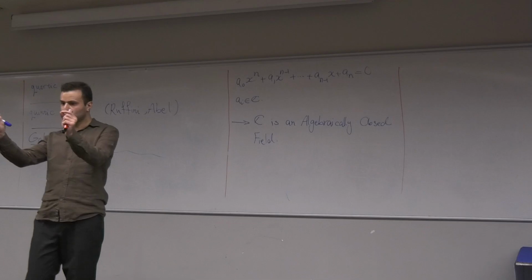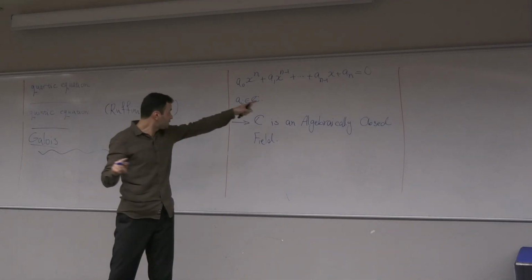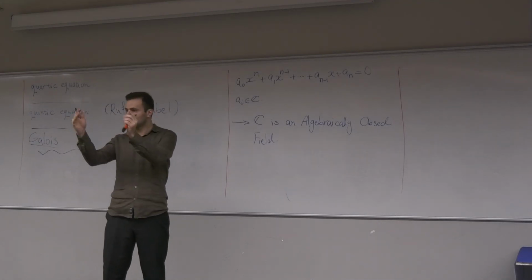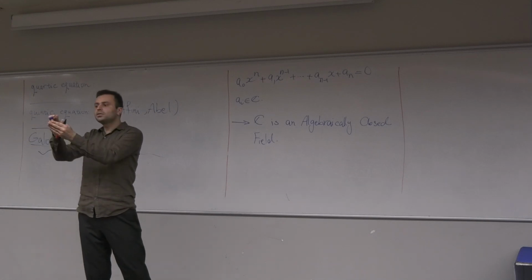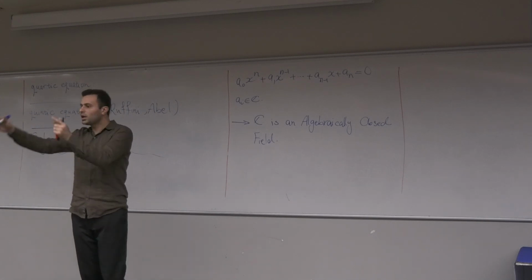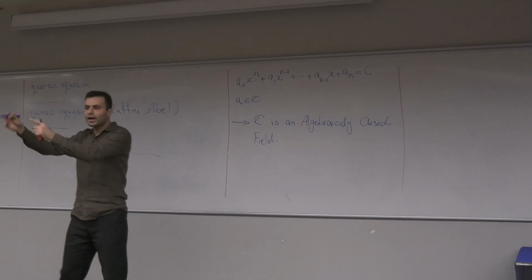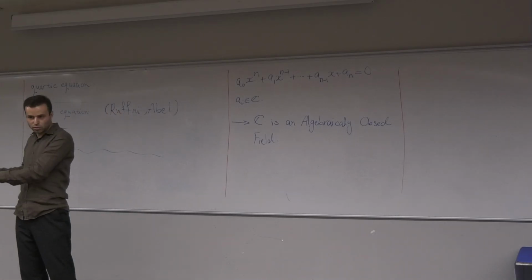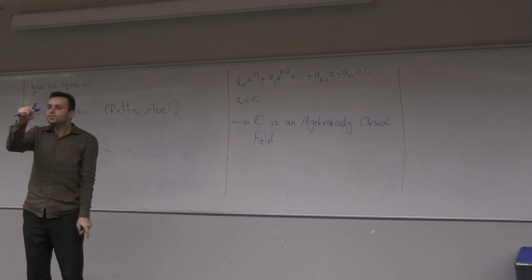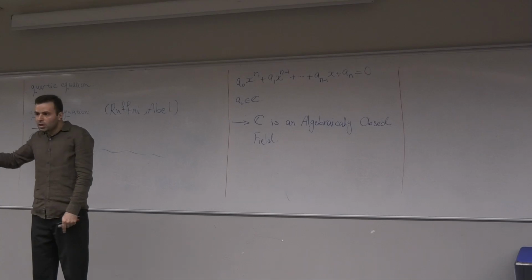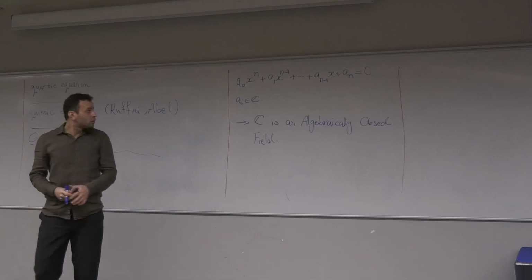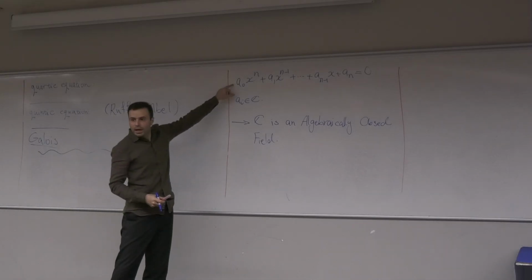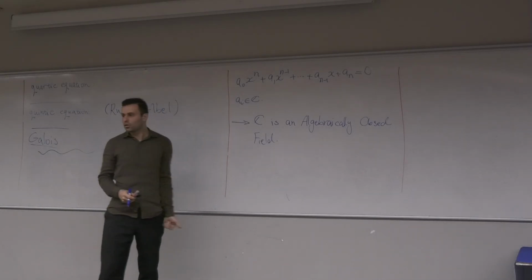And if you find that root, you can divide that polynomial, this equation, by z minus that root. You reduce its degree by 1, then find another solution for that. Again, divide it by z minus that root, and now again you reduce the degree. And if you can do this, you can always find n roots for any equation that comes in this form.